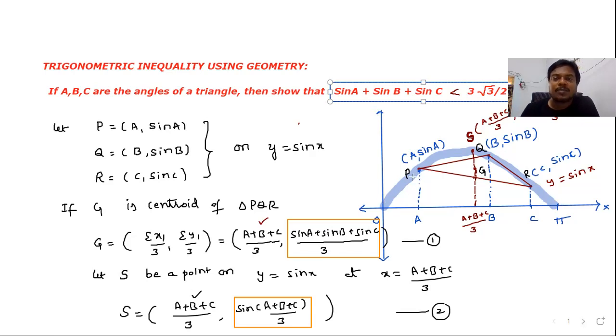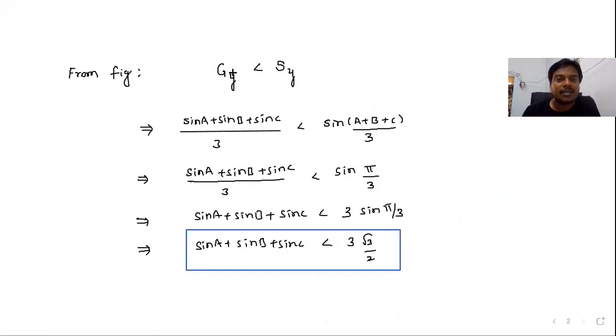Just select the points P, Q, R on the graph of y equal to sin x with the angles giving input A, B, C. And then compare the centroid with the point on the curve y equals sin x with the same input (A plus B plus C) by 3. S and G we are going to compare here. Just by comparison, automatically we get the inequality sin A plus sin B plus sin C is less than 3 root 3 by 2. Thank you.